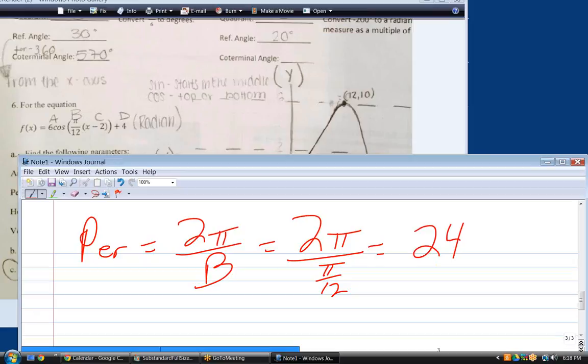So it'd be 12 over pi? No, let's do the flip. In other words, when we flip the bottom and multiply, then it becomes 2 pi times 12 over pi. Yeah, the pi's cancel, and you're just left with 24. So your period is 24. Okay.